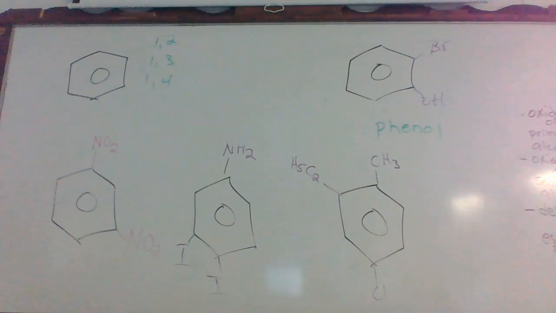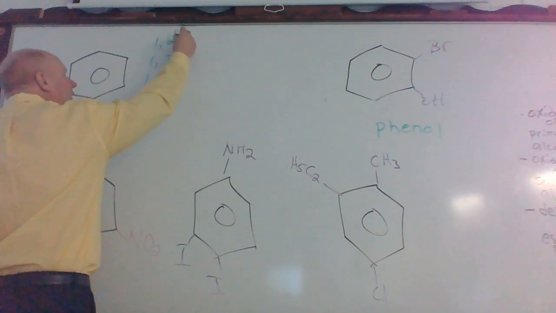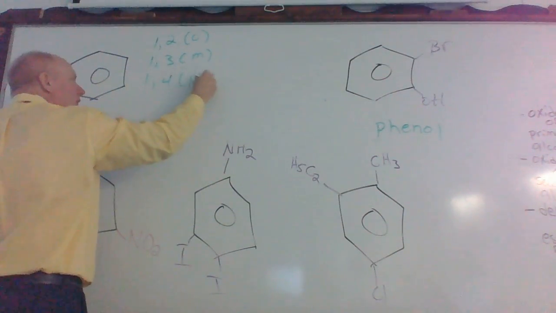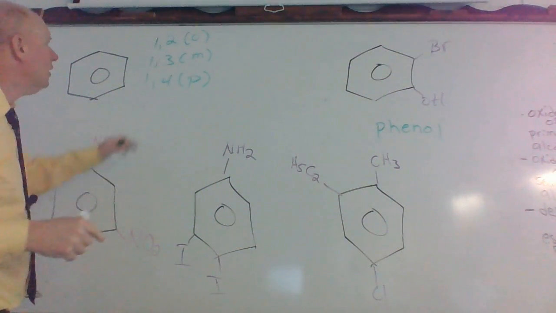You are right, but what is O called? O? Ortho, yes. We want you to know what it means though too. Okay, so remember this guy here is ortho, this guy here is meta, and then this one we've done was the para position.